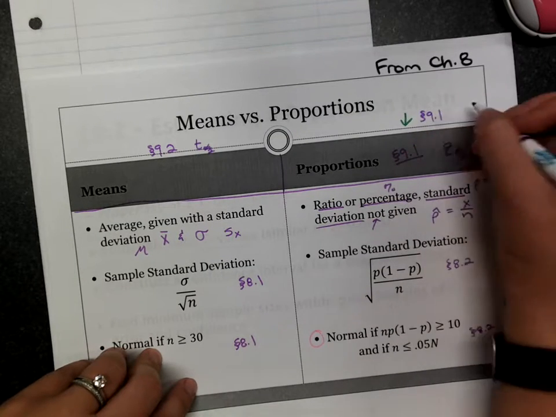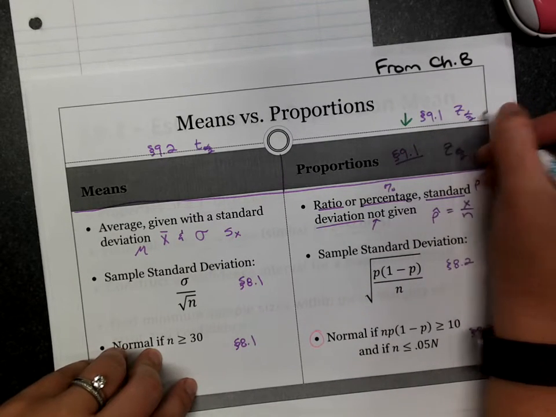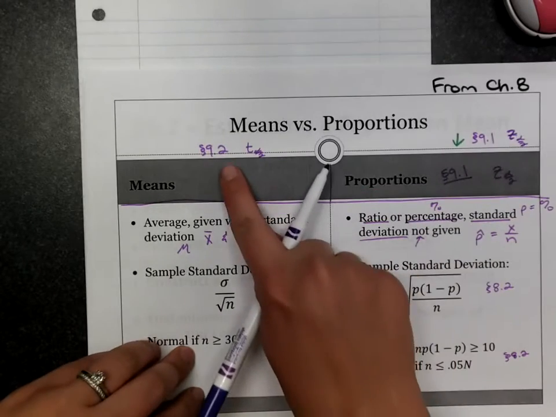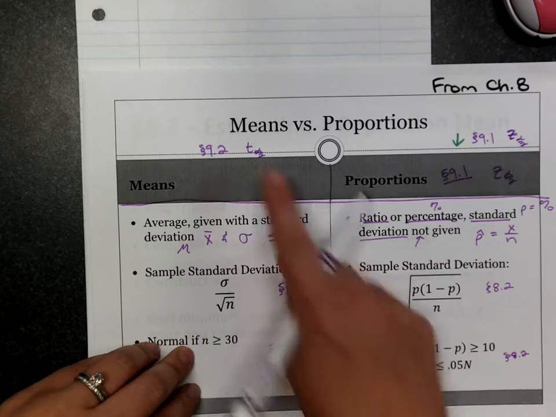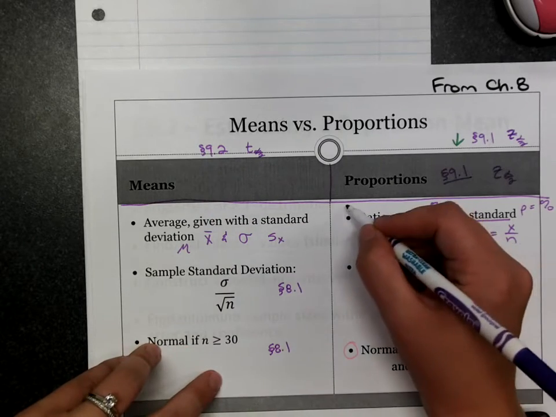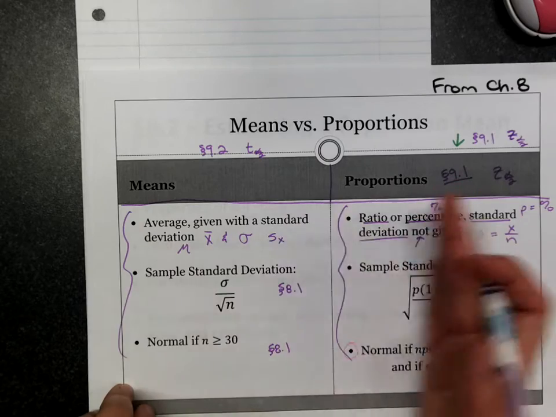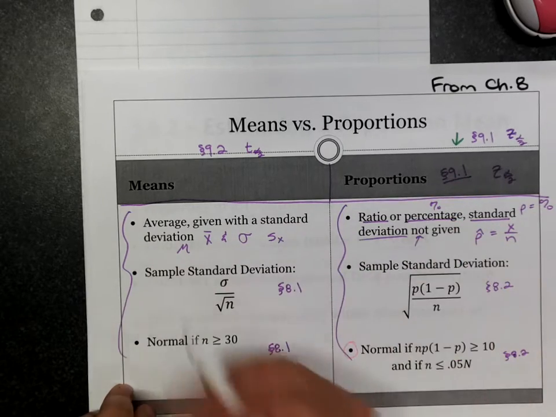Section 9.1, z critical values for proportions, and section 9.2 is about t critical values for means. So all of these properties that were true for proportions, now we're going to switch gears into all of the properties that are true for means. So very parallel, just one with proportions and one with means.